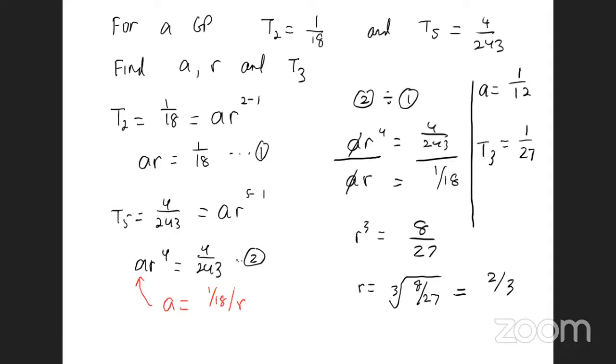I went back right here, and I said that A is equal to 1 over 18 divided by r. So I took 1 over 18 and divided by this r here, and we got 1 over 12. That's okay?